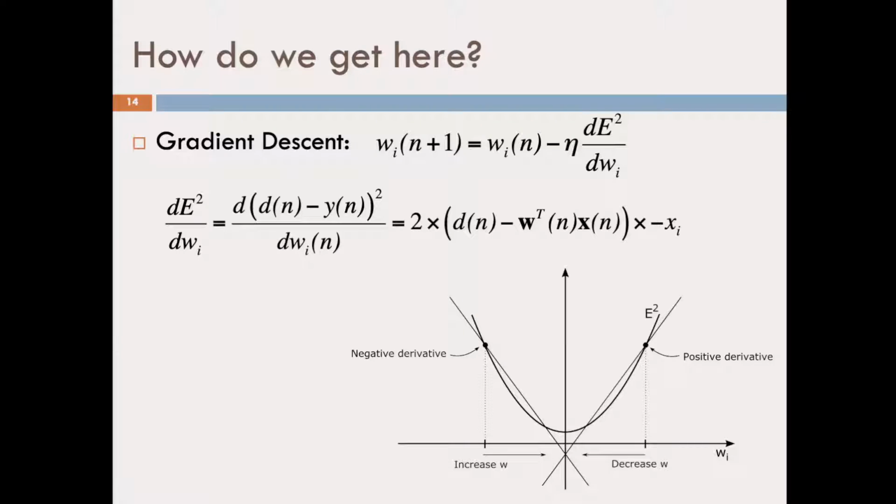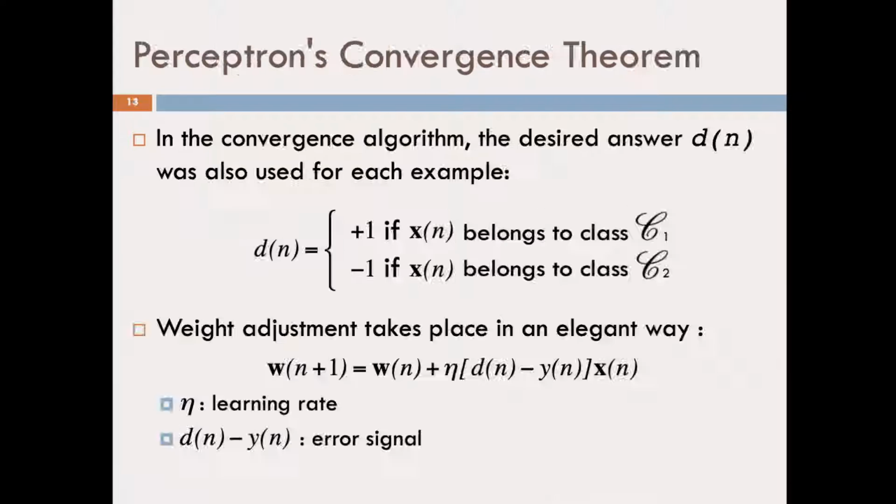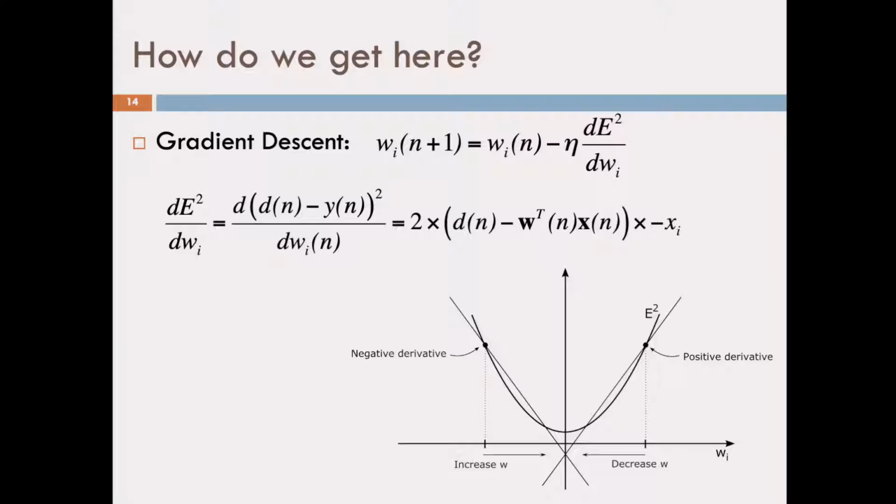And that leaves us with that initial formulation: learning rate times error times the input signal in the neuron. Learning rate, error signal, input in the neuron. Okay? Is it okay?